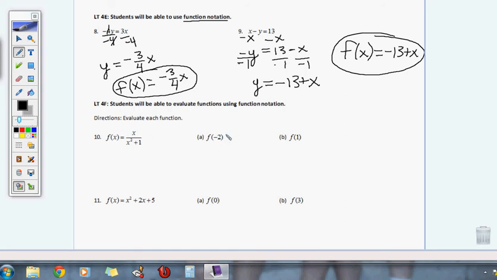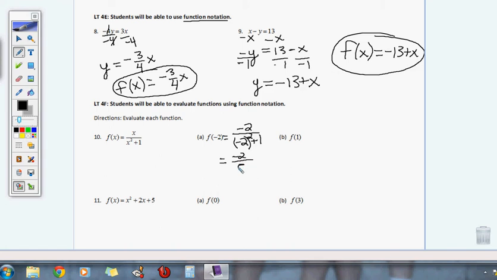So on this one, f of -2, you're going to put in a -2 wherever you see x. Well, in this problem, that would be in the numerator, -2, and it would also be right here in the denominator, -2 squared plus 1. Note that some of our previous learning targets are coming into play, and we're putting the -2 in parentheses down at the bottom. So this is, once we evaluate it, going to be -2 on top, and -2 squared is actually 4.